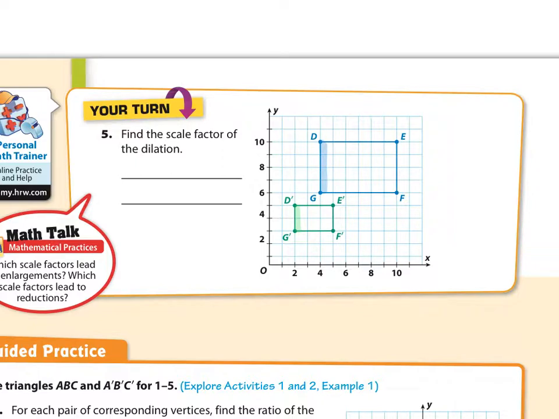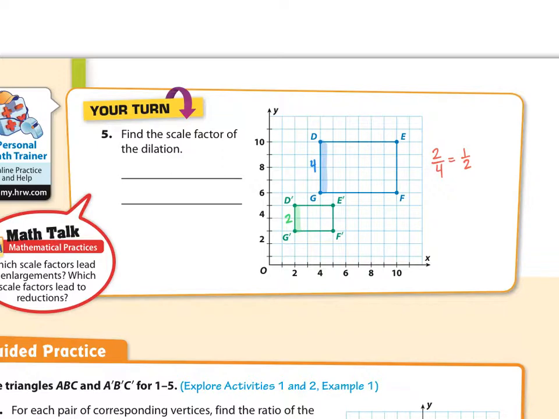The length of DG is 4, and the length of D prime, G prime is 2. So how do I get from 4 to 2? Well, I take the image divided by the pre-image, and I get my scale factor. Okay, and it's just a coincidence that we're getting the same number here as we did in the explorer. It's not always going to be a half, right? When you're dividing, you'll get your fraction or your ratio.